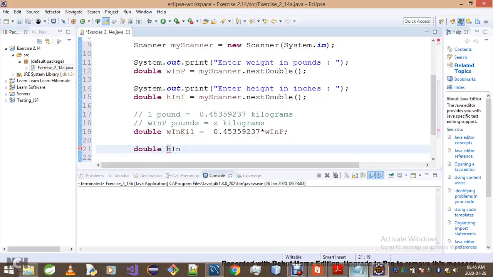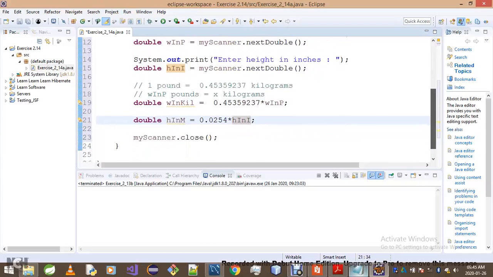Height in meters is given as 0.0254 multiplied by h in inches. In fact, this is what I did.